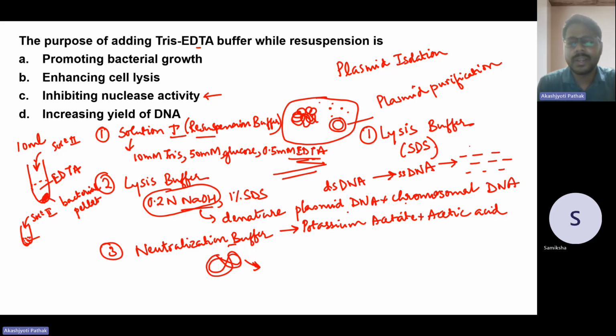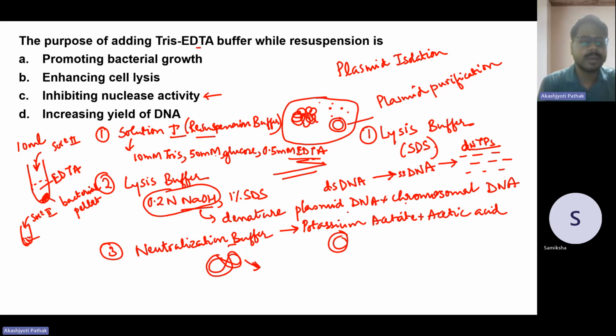You will get only dNTPs in your solution: dATP, dGTP, dTTP, dCTP. But you want your intact plasmid. That is why you inhibit the nuclease activity, so the plasmid does not get degraded.